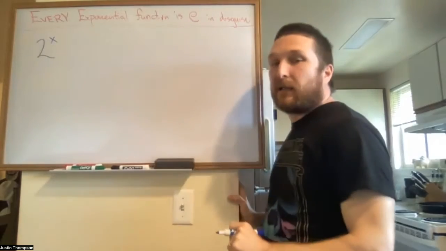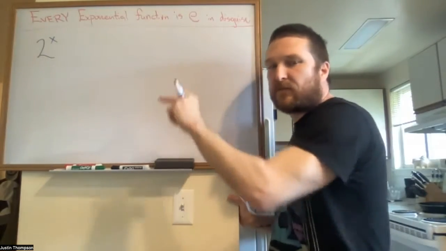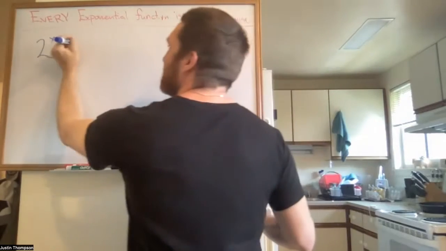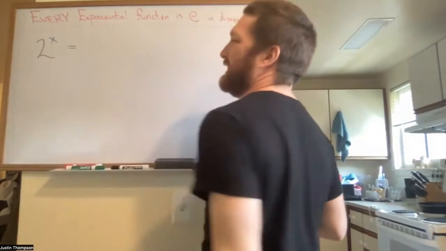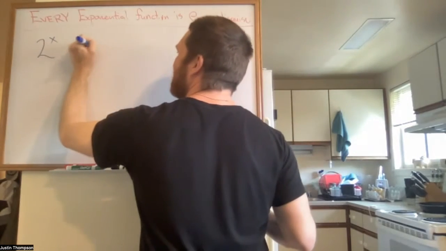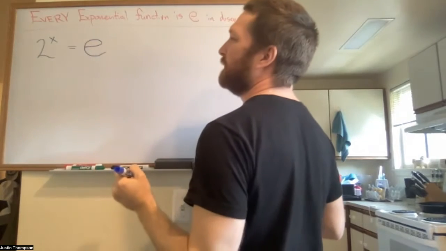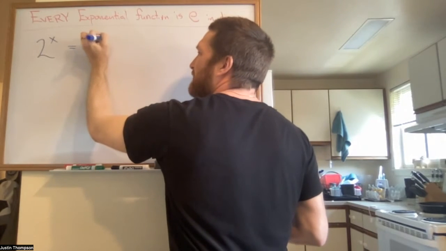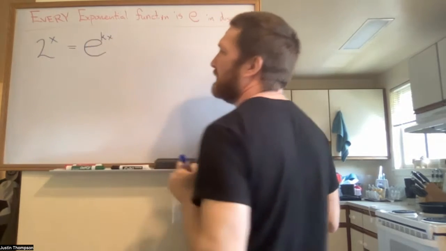I claim that this function is just e in disguise. What I mean by that is that we can rewrite this thing as e raised to a power, and it's just some number times x.